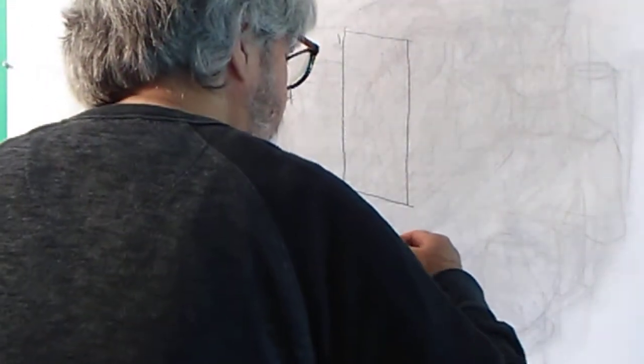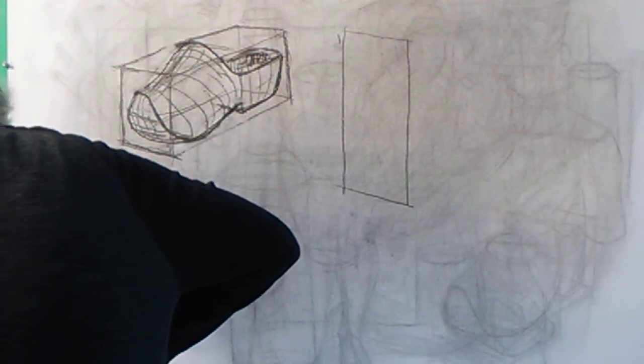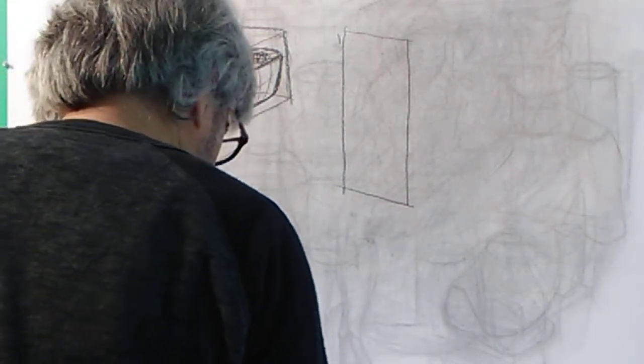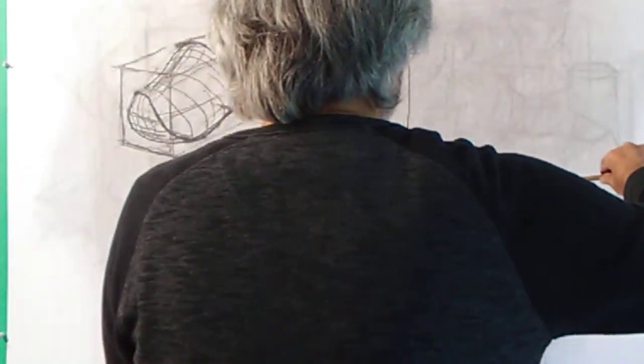Hold on, everybody. The charcoal is not working right. So you always want to construct with a box or a cylinder. Sometimes on some objects, we even use a sphere depending on the object. So anyways, we're going to start like this, and I'm going to look at these guys converging back this way.